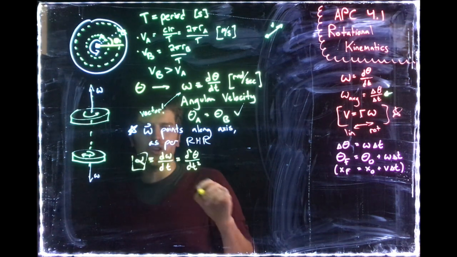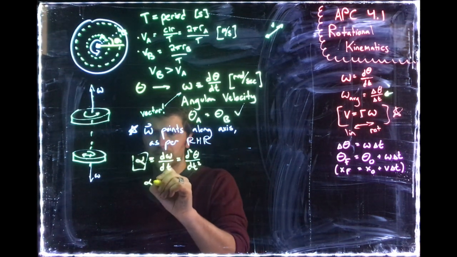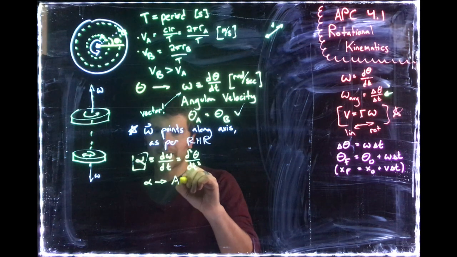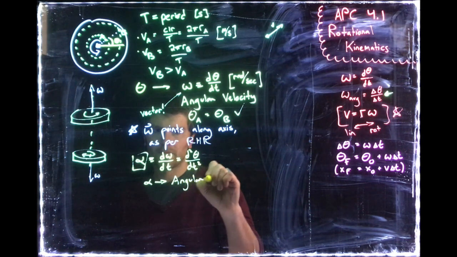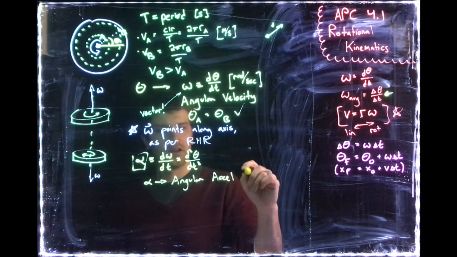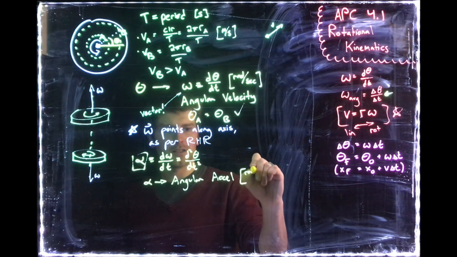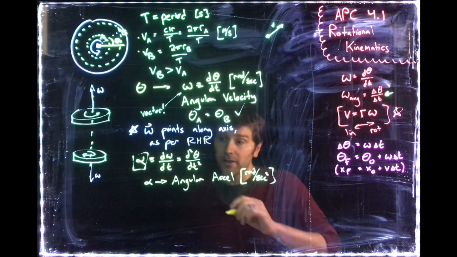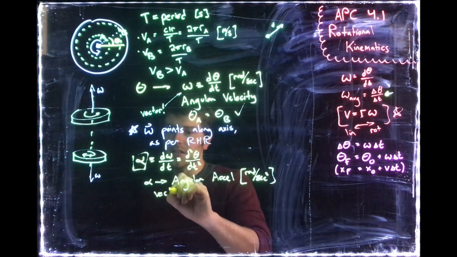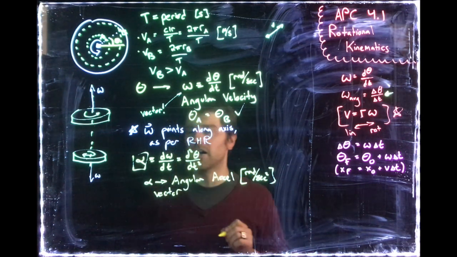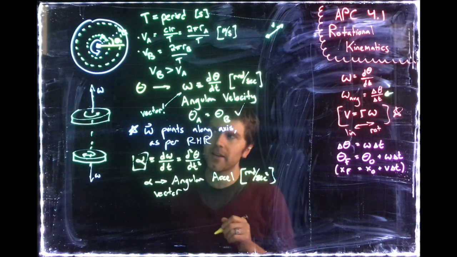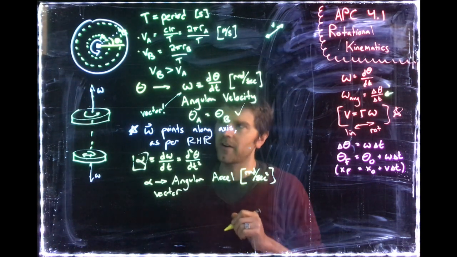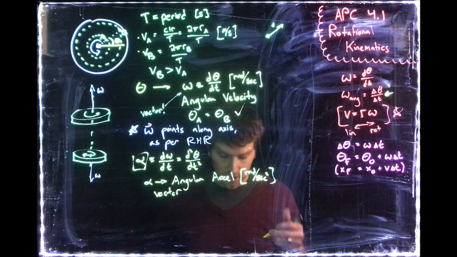You might imagine this alpha is called angular acceleration, and it has units of radians per second squared. It's also a vector. Its direction is found in the same way as the direction of omega, so it also points along the axis.